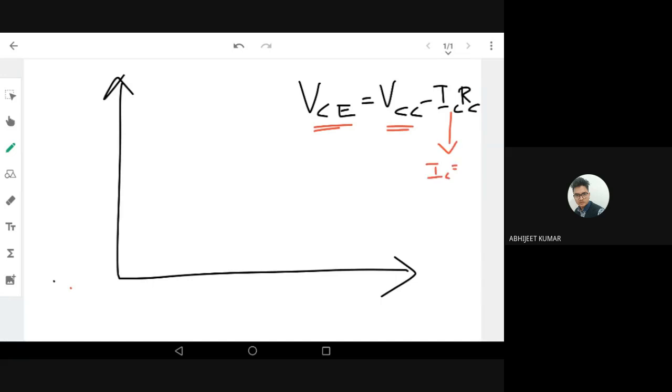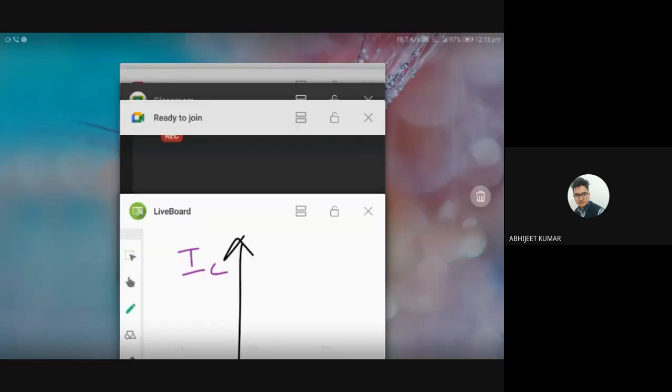At least for analysis purposes, IC can be zero. The axes of this graph are VCE versus IC. So when IC equals zero, the value of VCE equals VCC. This is the point where IC is equal to zero.